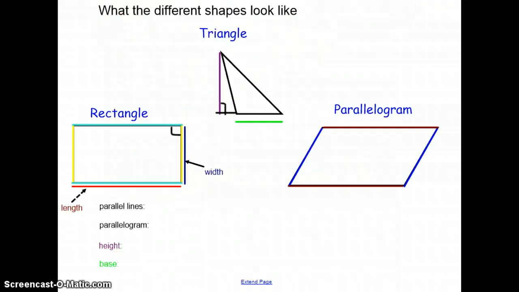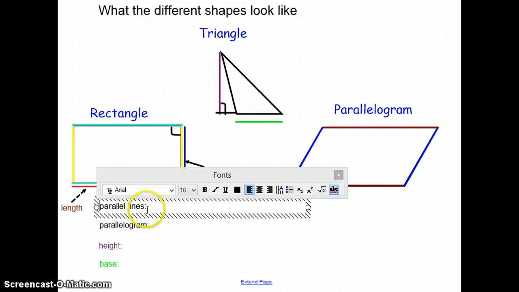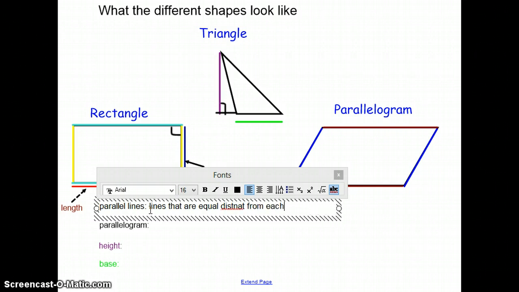So, okay, I have laid out here 3 different figures: one being a triangle, one being a rectangle, and one being a parallelogram. Before we go any further, let's figure out what parallel lines are. Parallel lines are lines that are an equal distance from each other at all points.